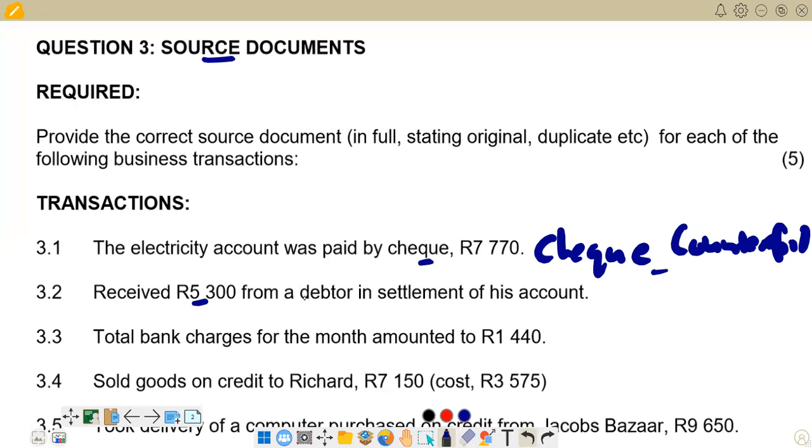So remember, this debtor is given what we call a duplicate receipt. So the most appropriate term that we can give there is a duplicate.